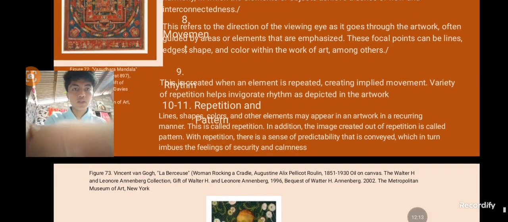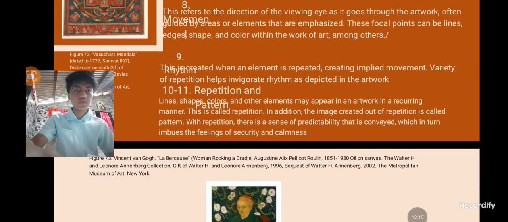Repetition and pattern: line, shape, colors, and other elements may appear in artwork in a recurring manner. This is called repetition and addition. The image created out of repetition is called pattern.